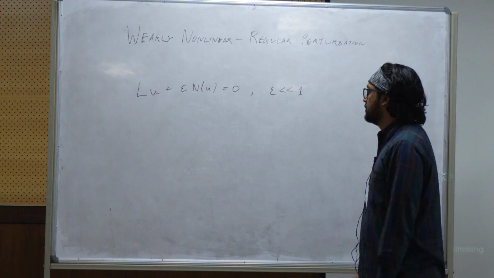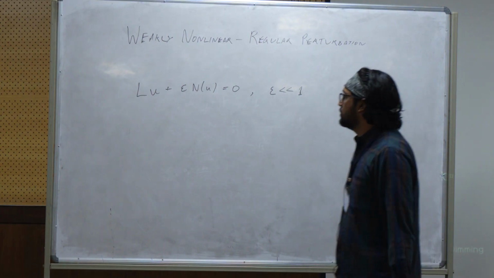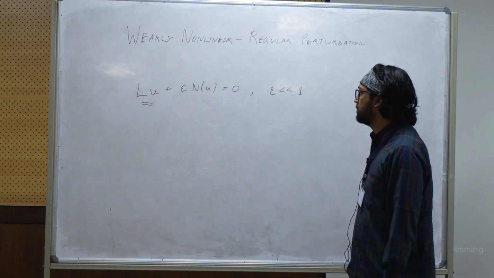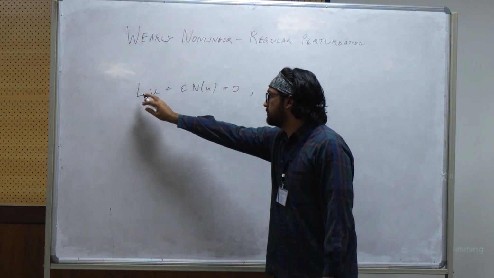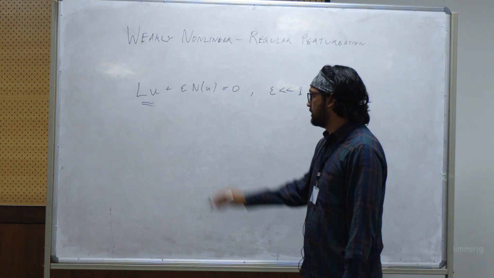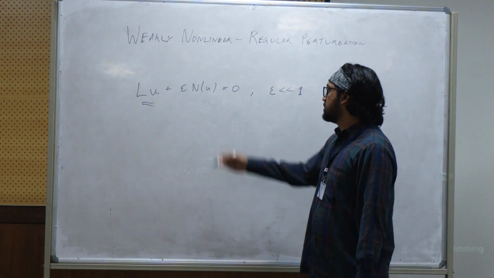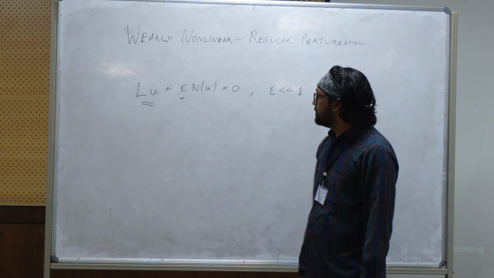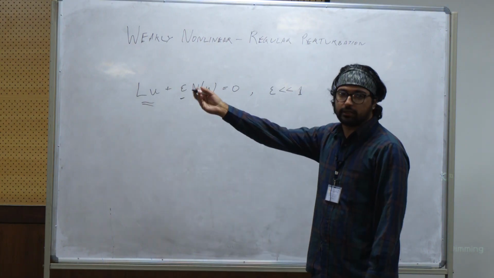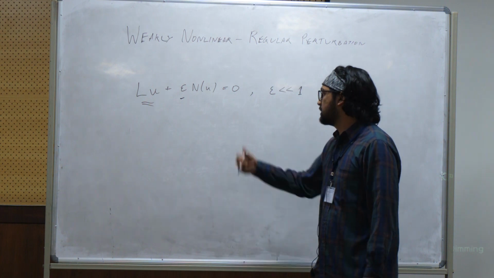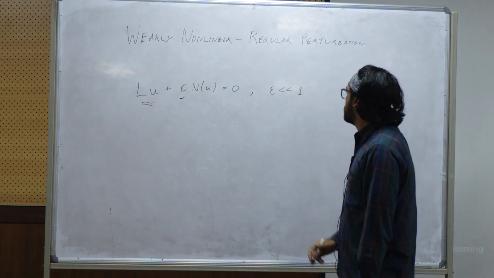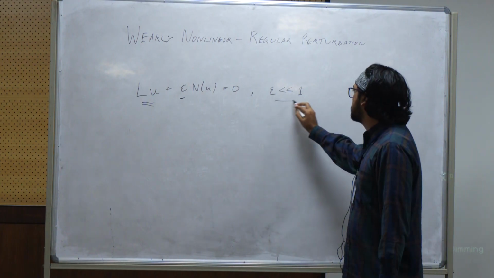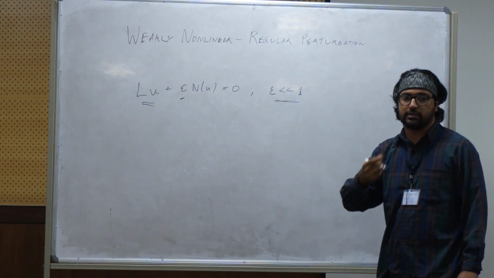Lu equal to 0 gives the linearized problem, where L is a linear operator, u is the dependent variable, epsilon is the perturbation parameter, and N of u is the nonlinear term in u. The condition for using a perturbative expansion is that epsilon is very much less than 1, that is, epsilon is a very small parameter.